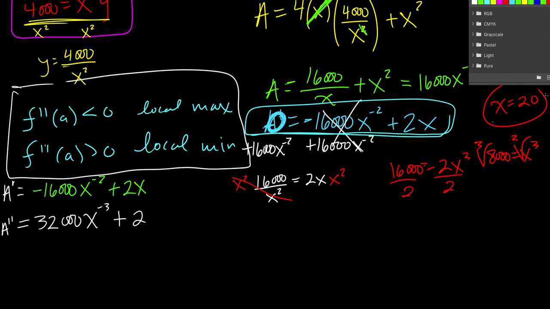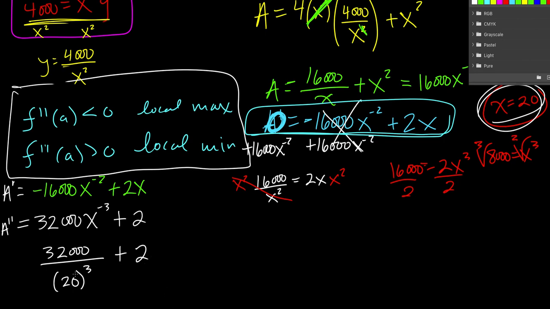And then we want to plug in our actual x value. So we're going to plug that in. 32,000 over 20 cubed. So I move this down to the bottom, it's x cubed. And then plus 2. All of these are positive. Positive over positive plus a positive makes it positive. And so we don't even need to simplify that. We know it's positive.